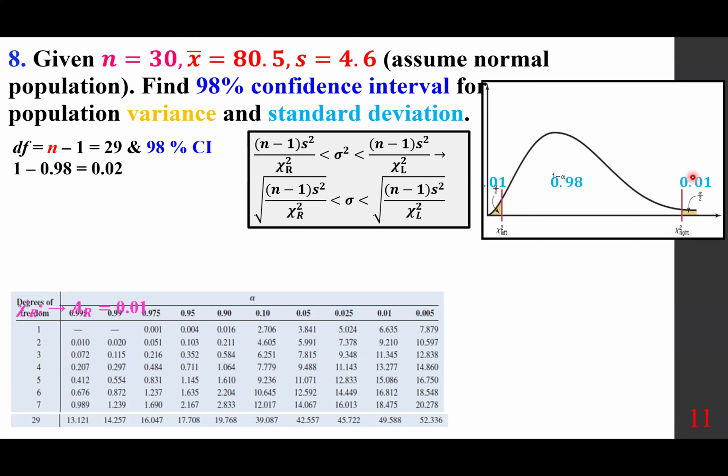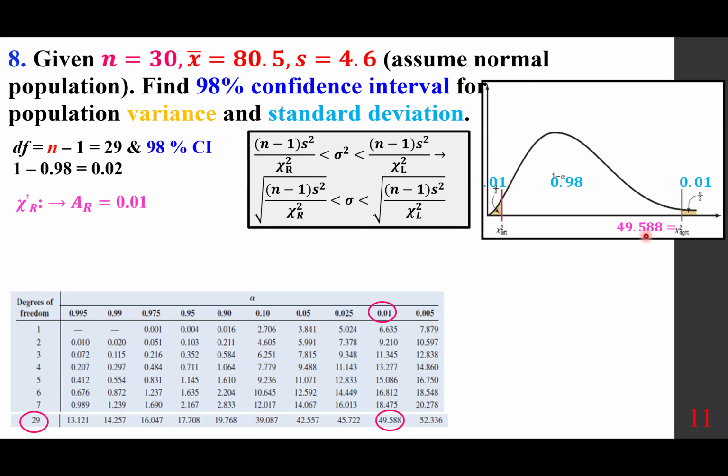So having said that, chi squared of the right, area to the right is 0.01. So 0.01, 29. Intersection of the two is the answer. 49.588 is chi squared of the right. Very straightforward. Done with that.